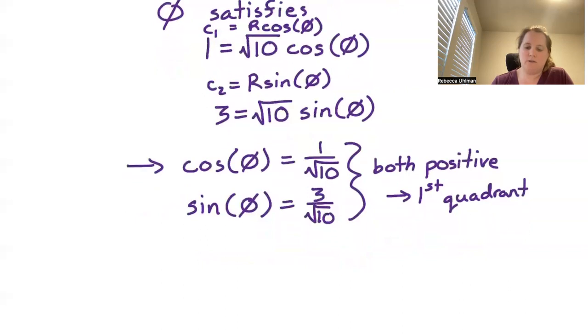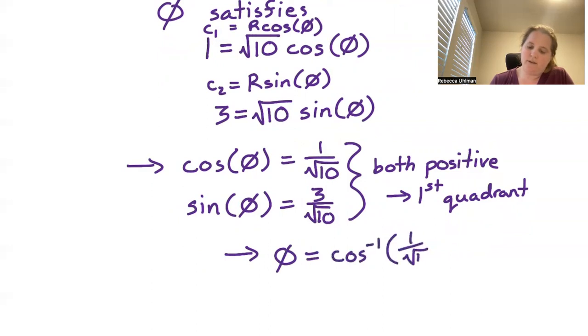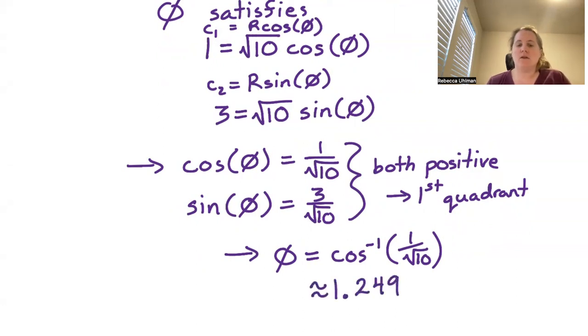And so we can just use phi is the principal angle inverse cosine of 1 over root 10, which winds up being about 1.249. You don't actually need to solve for phi explicitly if you don't want to.